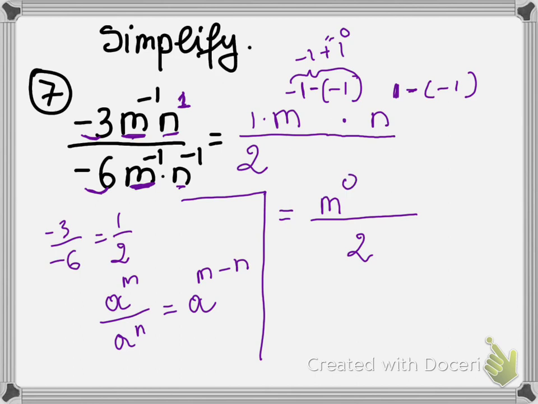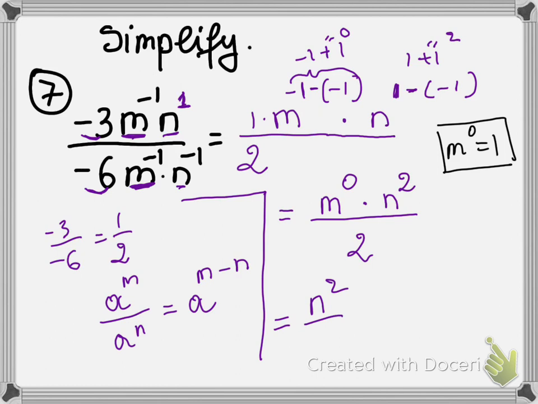So m to the 0 power times n to the 1 plus 1 equals 2. N to the second power. Recall that m to the 0 is 1. So finally, we're going to have 1 times n squared, so n squared over 2.